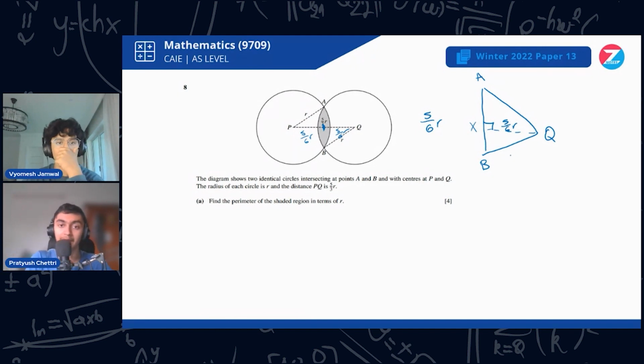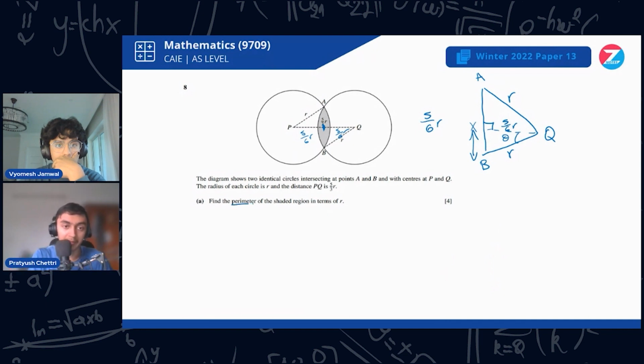And we know that BQ is R and AQ is R. Hence, we can find this length, and we can also find this angle, which means now we can basically find everything.